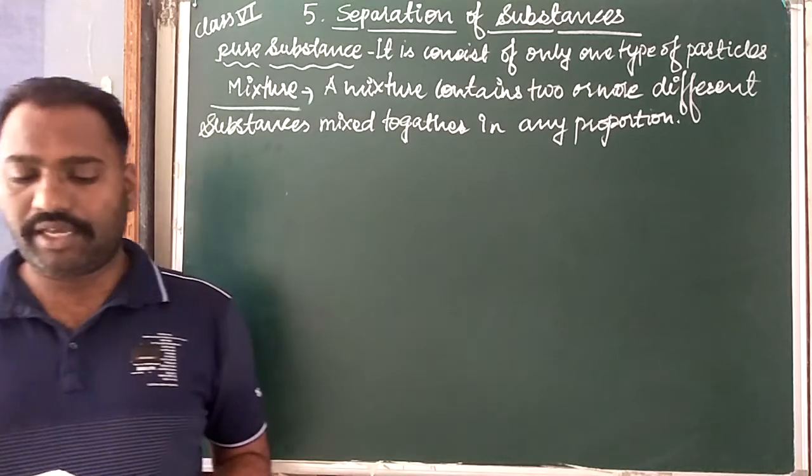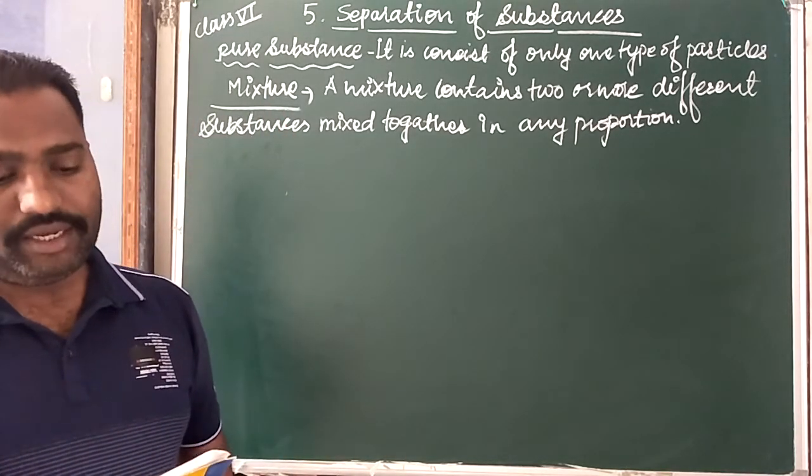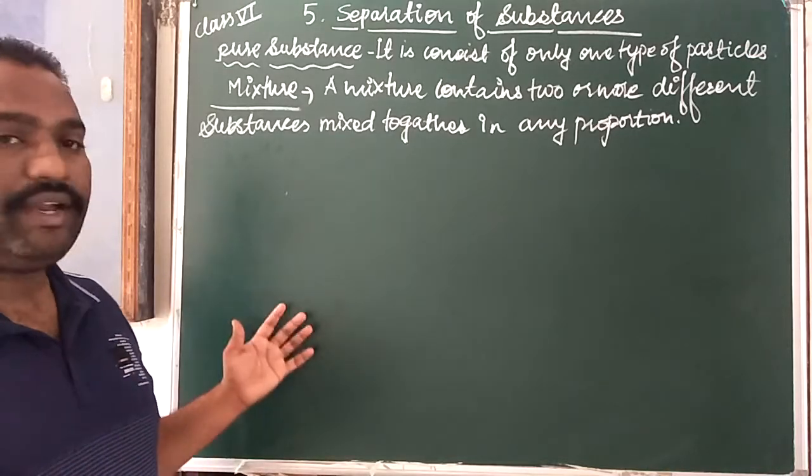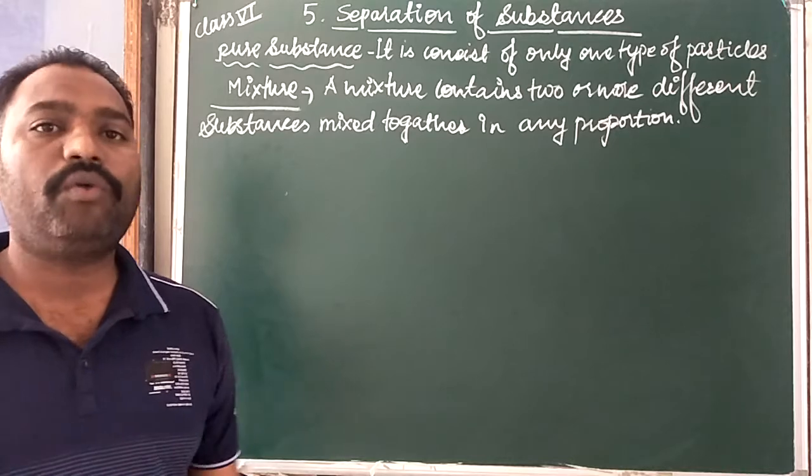Now it is also known as the impure substance. Sometimes a mixture is also an impure substance. Like when we are taking metals from the earth in the form of minerals, that is the ore form.